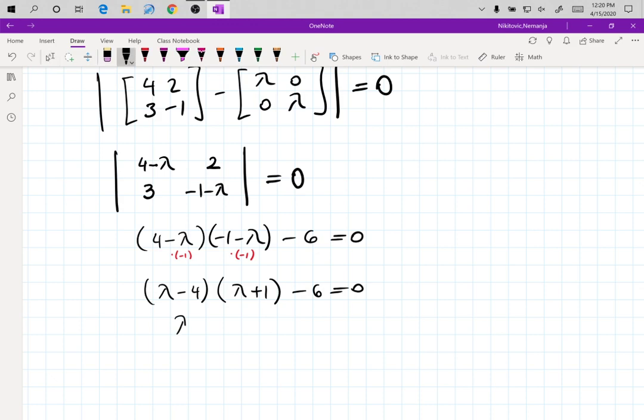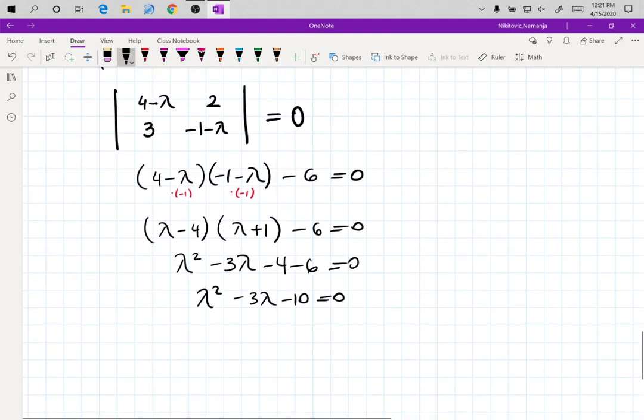So we have lambda squared minus 3 lambda minus 4 minus 6 equal to 0. That condenses into lambda squared minus 3 lambda minus 10 equal to 0. It factors into lambda minus 5 times lambda plus 2 equal to 0.